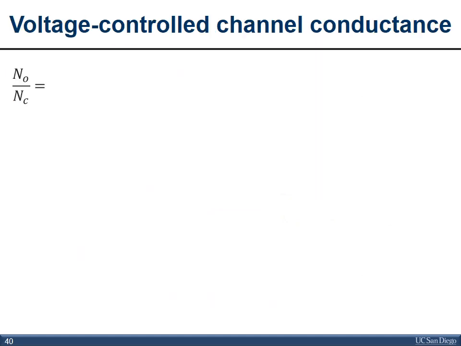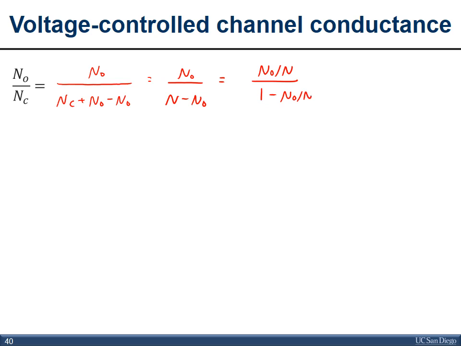Okay. So what we can do now is say that the ratio of open channels to closed channels, with a little bit of algebra soup, is equal to N_O over N_C, which is N_O over N minus N_O, where we've just added 0 here. That equals N_O over N divided by 1 minus N_O over N. I'm just manipulating this formula, okay?